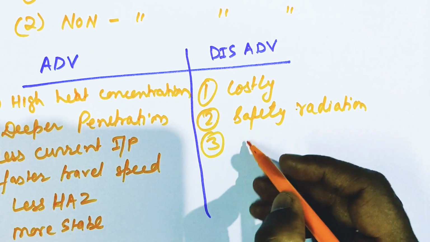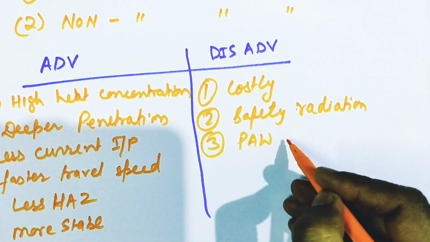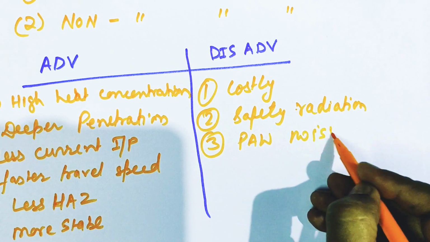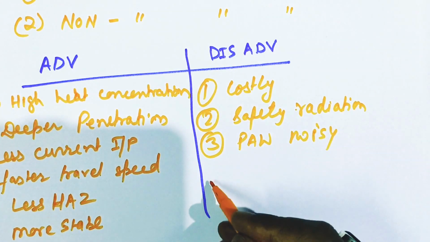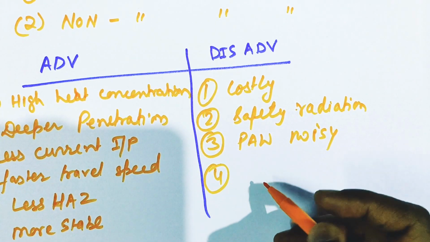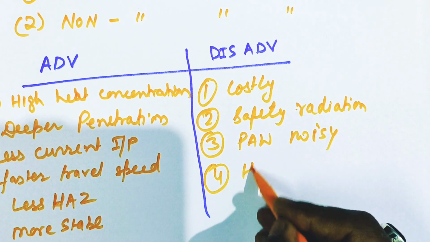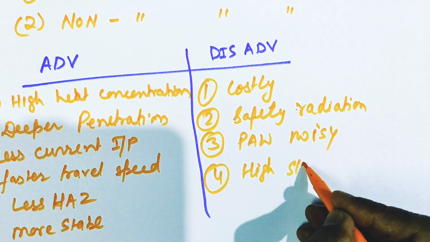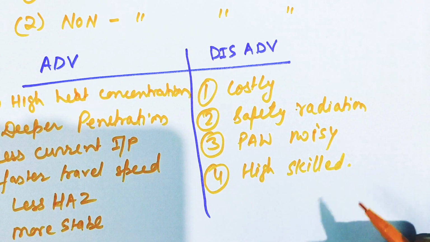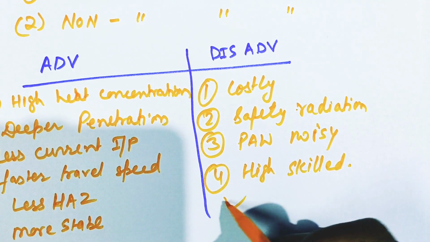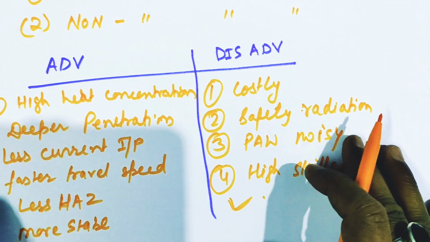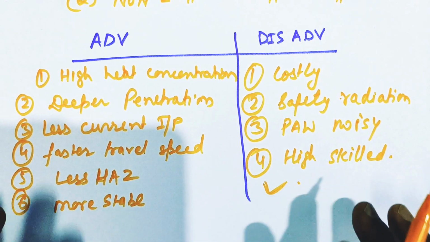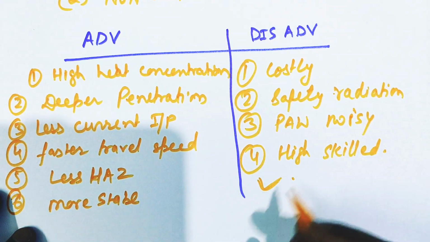The third disadvantage is that plasma arc welding is very noisy. And finally, the fourth disadvantage is that a highly skilled operator is required. The welder must be a skilled one, then only can we achieve good welding. So these are some of the advantages and disadvantages of plasma arc welding.